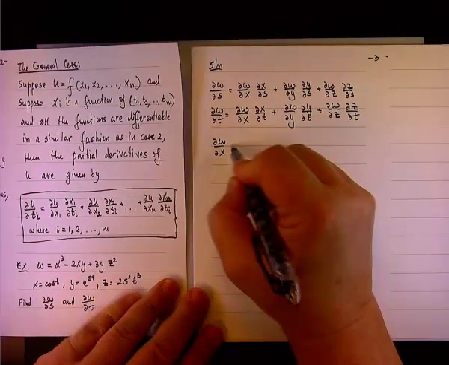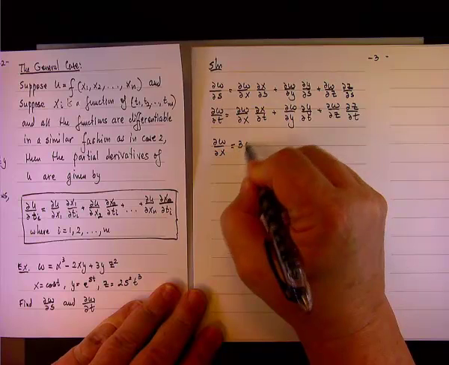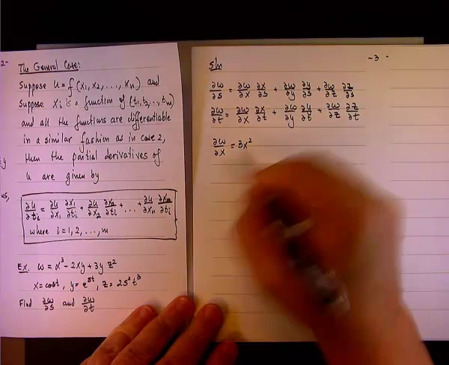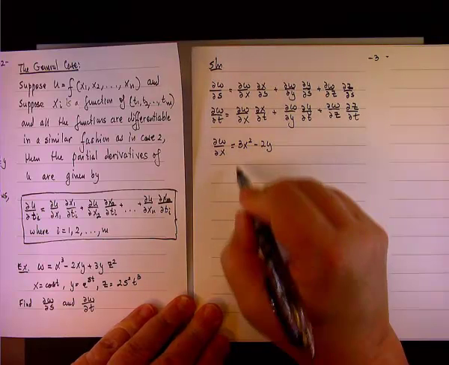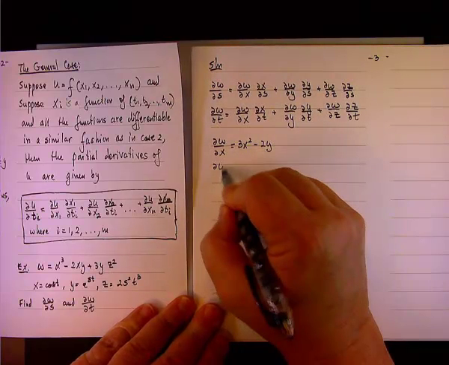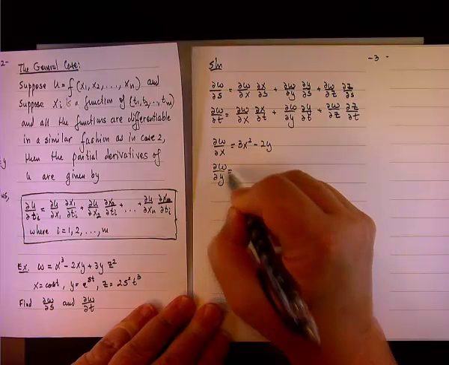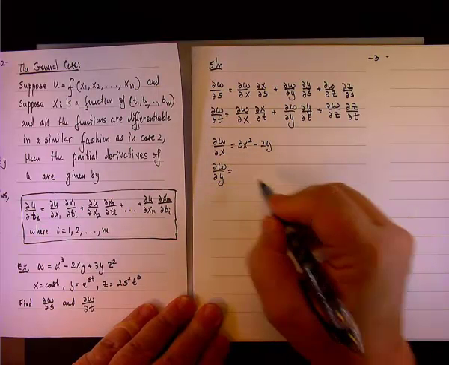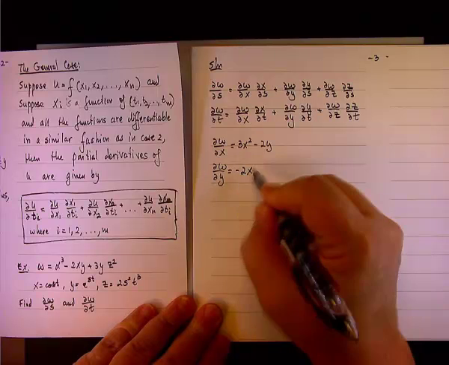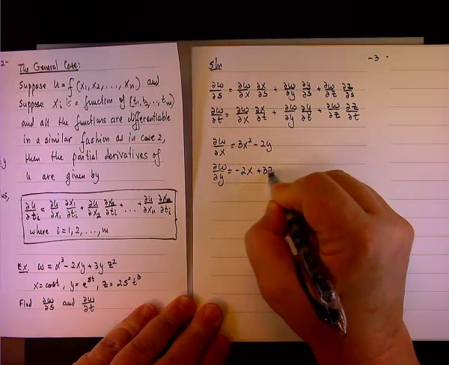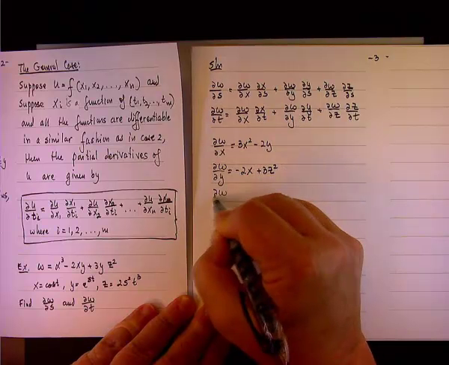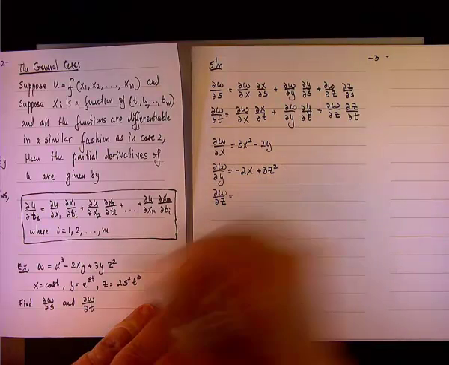So, total of 9. Let's start with the partial derivatives with respect to the intermediate variables. So, del w del x. We're looking back at the function. The derivative with respect to x, we have 3x squared, and then minus 2y, and that's it.